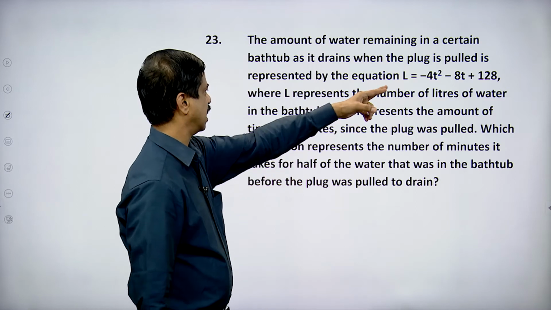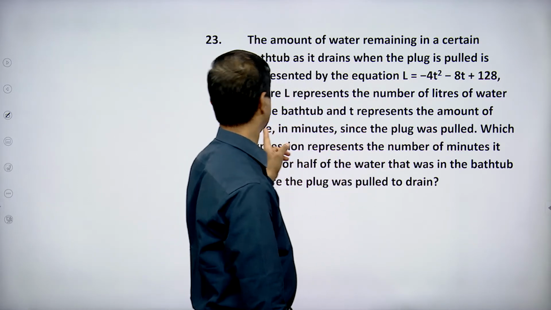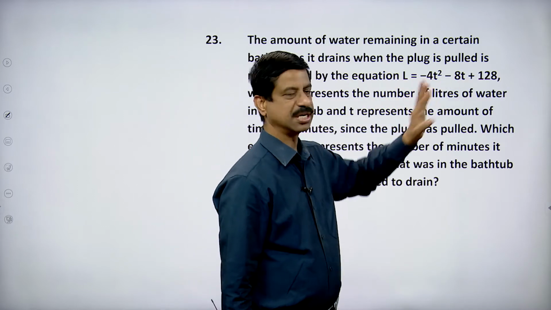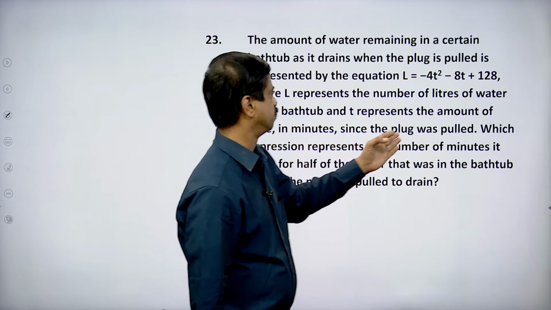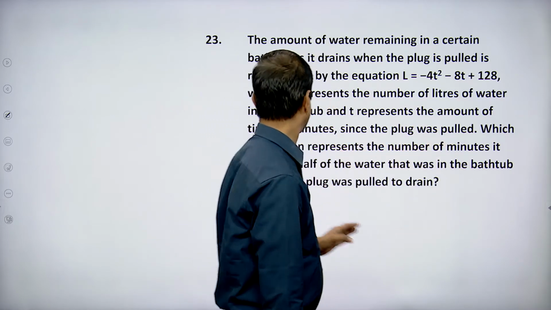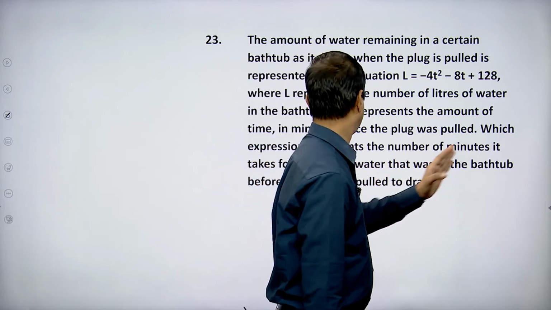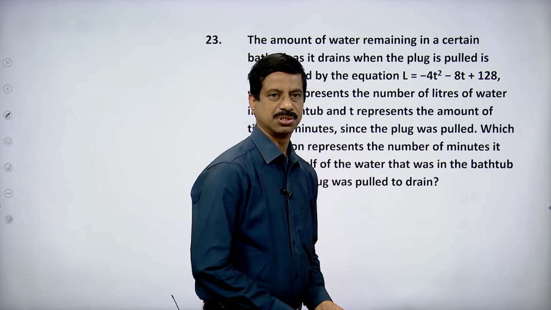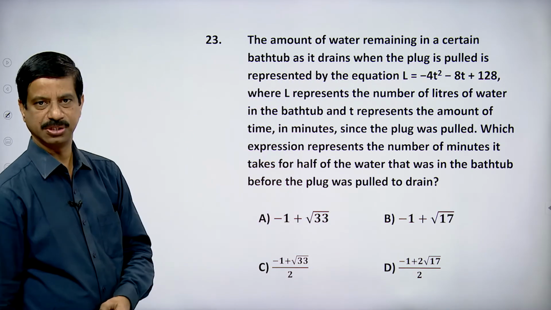And T represents the time in minutes since the plug was pulled. Which expression represents the number of minutes it takes for half of the water that was in the bathtub before the plug was pulled to drain? So you have options, this one.